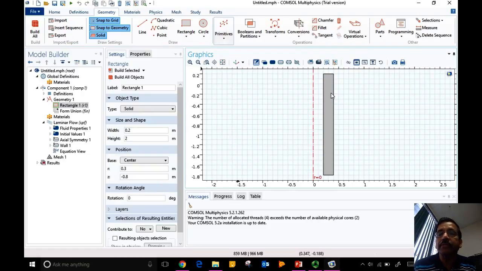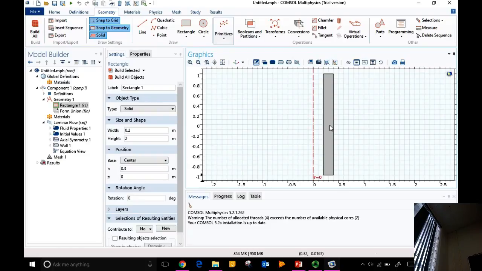Where is it? No, it's here. Why is the center... r is 0.3 and z is 0. I want 0, right? Okay. So I wanted to place the center right in the middle of the geometry. Okay. And it's at 0.1, 0.2, 0.3. Okay. And I'm going to put a fluid inside.